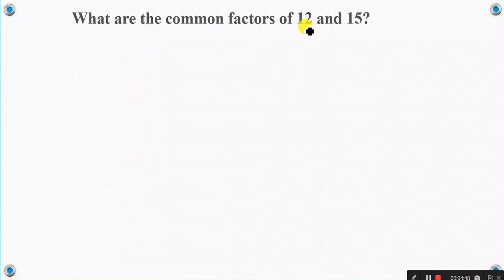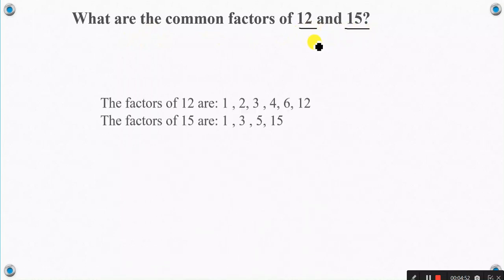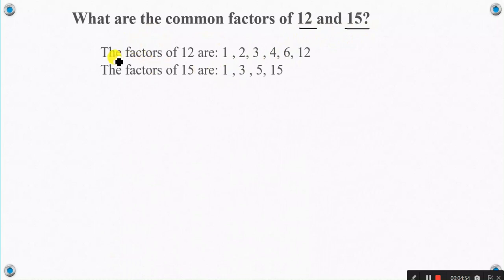What are the common factors of 12 and 15? First, we find the factors of each. The factors of 12 are 1, 2, 3, 4, 6, 12. The factors of 15 are 1, 3, 5, 15.